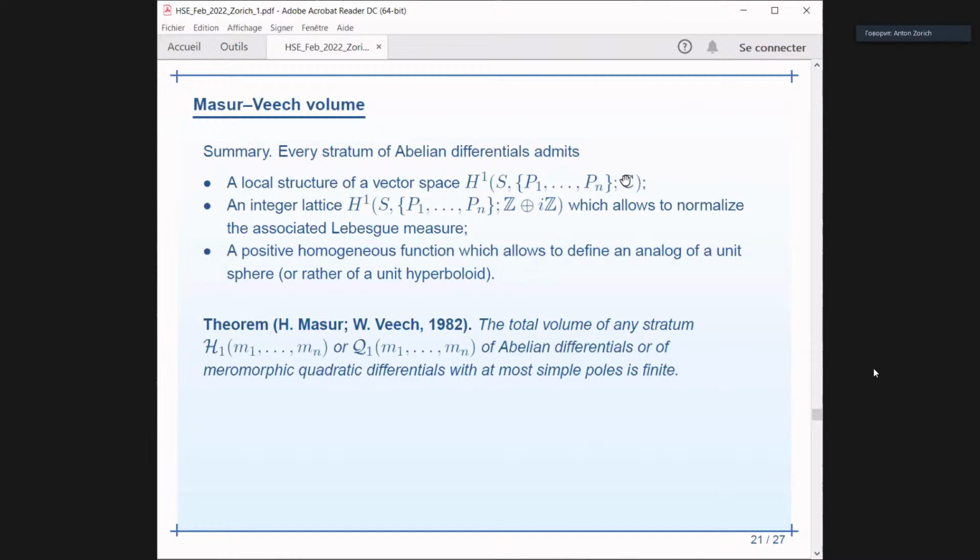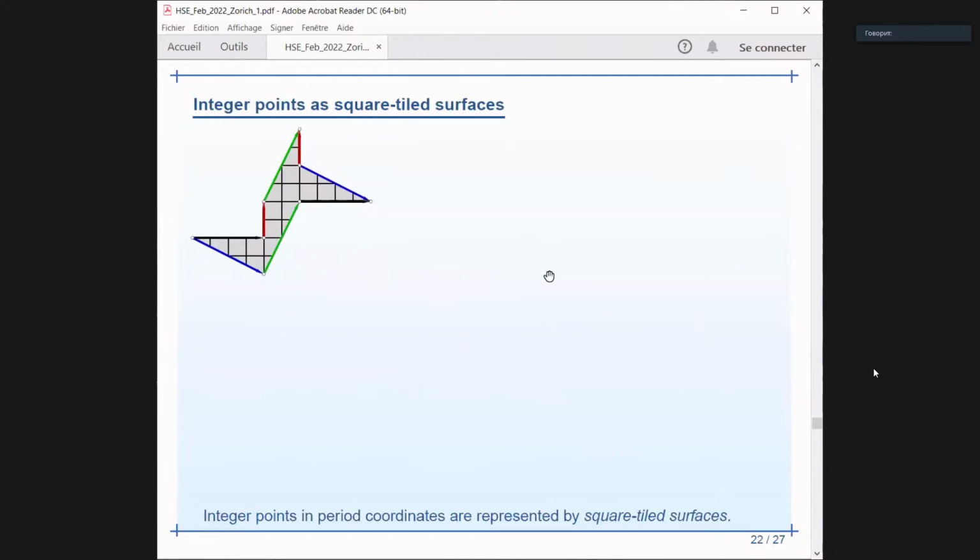So the first two structures define a distinguished volume element. And the last thing, a positive homogeneous function, which is the flat area of the associated surface, this integral of omega bar, allows us to define an analog of a unit sphere or unit ball, or rather a unit hyperboloid. And the theorem of Masur and Veech says that the total volume of any stratum defined like this is finite.